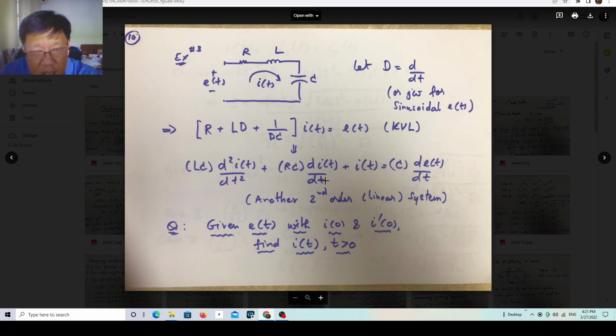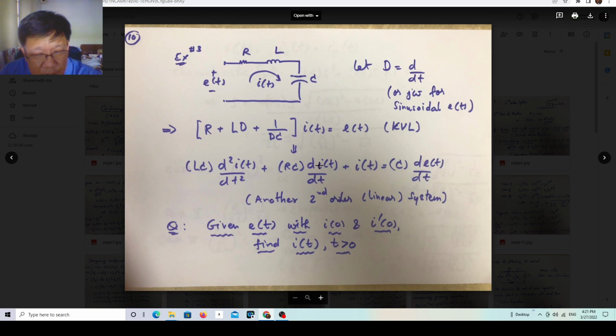For the left hand side, the DC cancels the last term here, since you have DC multiplied on both sides. The second term becomes the first term here, because you have L times C, and D times D becomes D squared, the second order derivative.